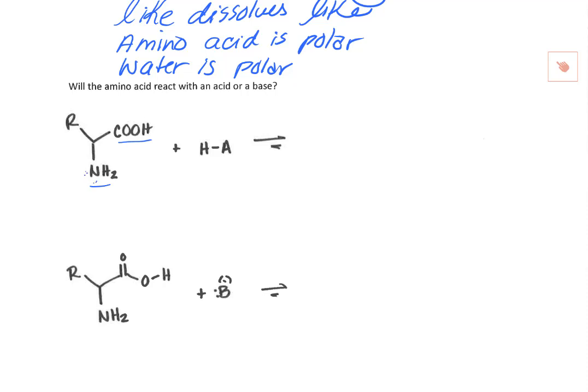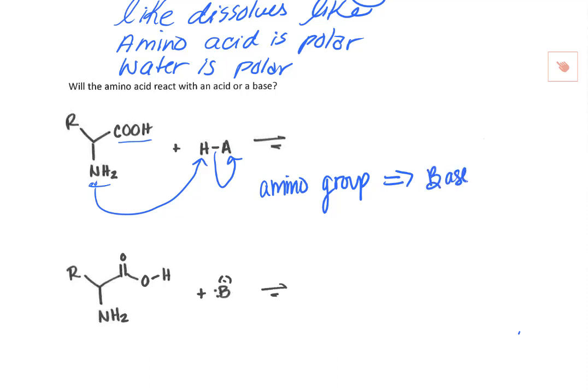And so our NH2, which I believe I drew too many electrons on there, has the capability of behaving like a base and pulling off a proton. So the amine can act as a base. Whereas if we put in a base, our general base B, it will see that carboxylic acid proton and remove it. So our carboxylic acid behaves as an acid.